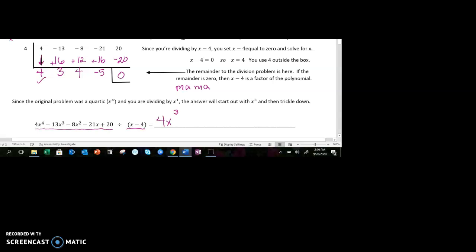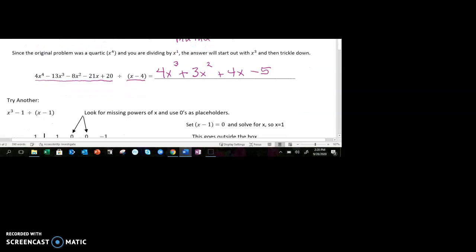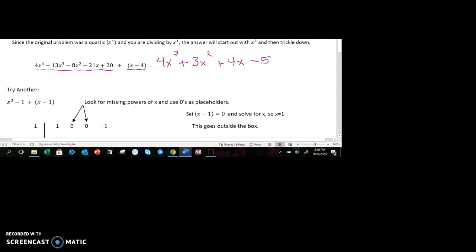Now we're just reinserting our x and our exponent, plus 3x squared plus 4x minus 5, and that's what we get. Notice we started with the 4x cubed, and we just trickled down. X cubed, x squared, x to the first, and the constant.